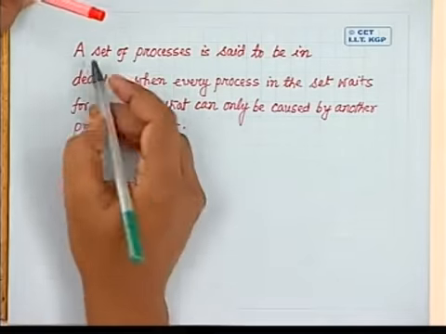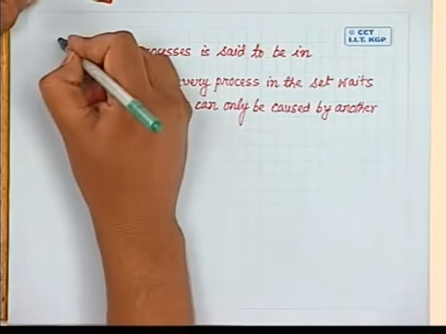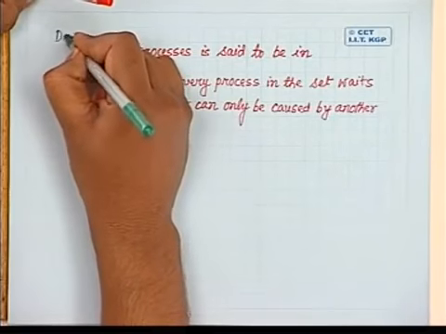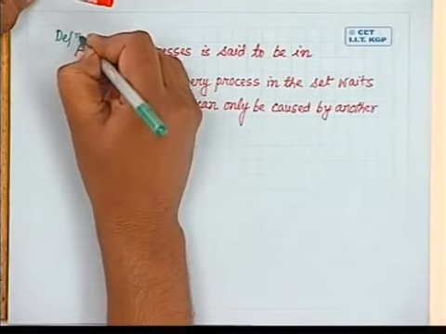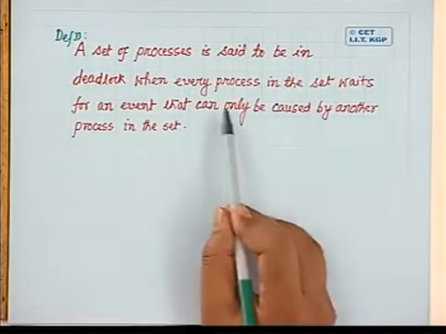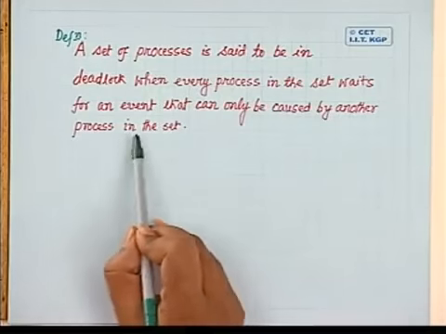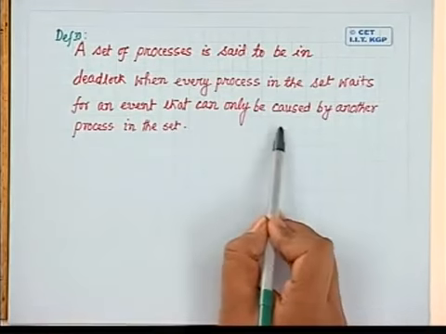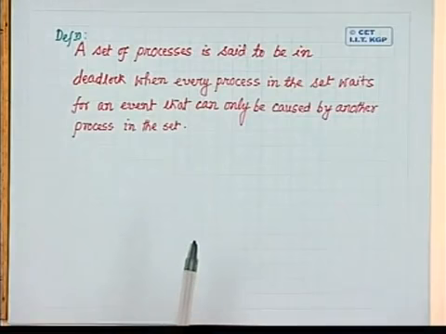So this is the deadlock definition. A state of processes is said to be in deadlock when every process in the set waits for an event that can only be caused by another process in the set.